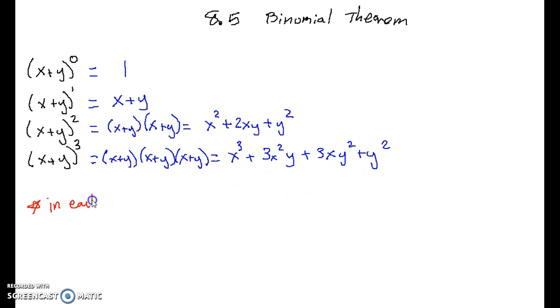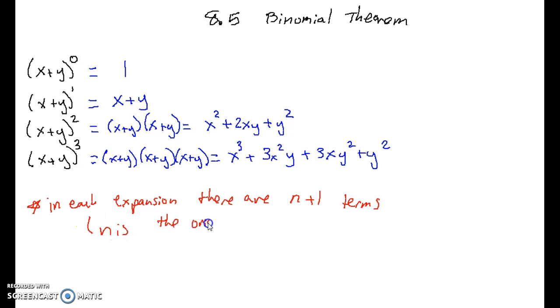So in each expansion, there are n plus 1 terms, right? Where n is the original exponent. So that's the first thing that you should have noticed.